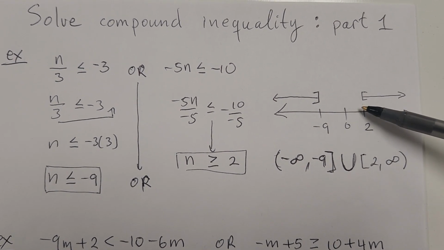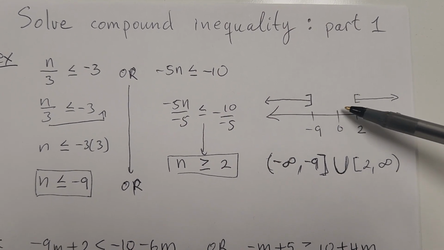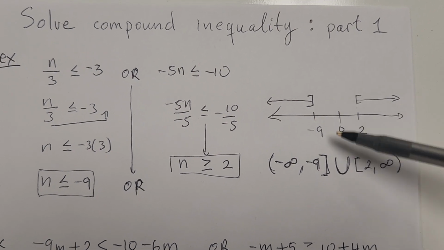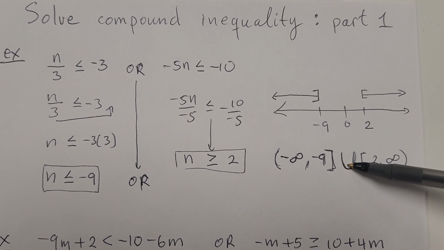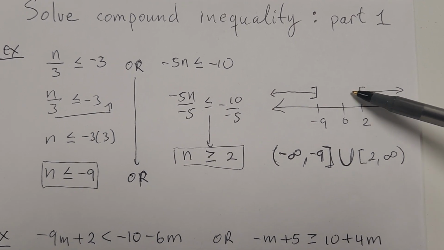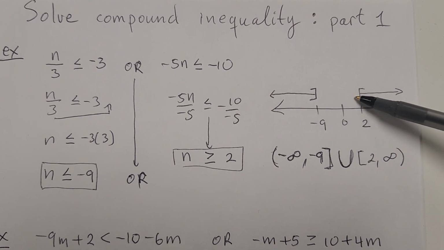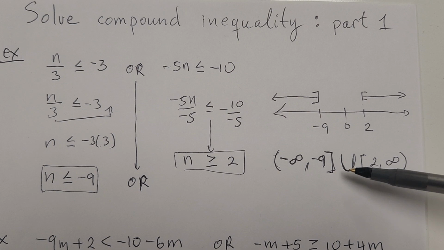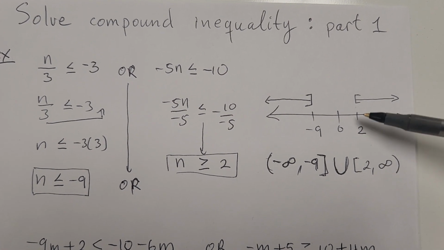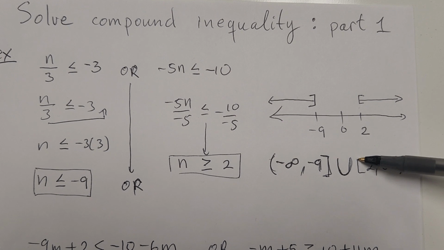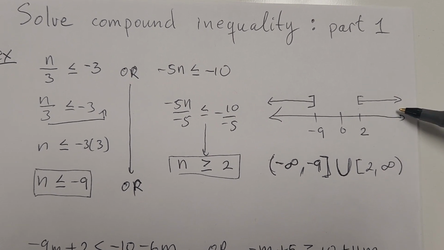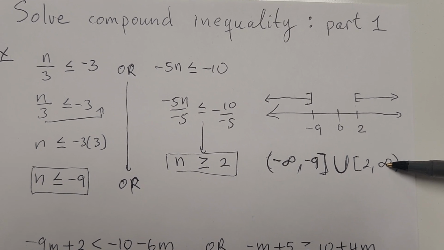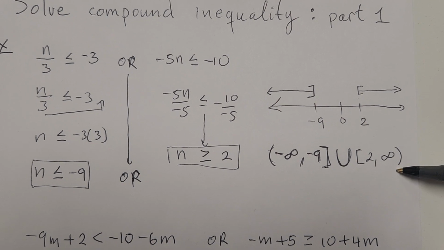However, from negative 9 to the number 2, there is nothing here, so this is my gap, and in math we use the uppercase letter U to represent this gap right here. One more time, this gap is represented by the uppercase letter U. After that, I see a 2 with a bracket, so 2 bracket, comma, and continue to the right-hand side, and I have an arrow here, so the arrow is infinity, and infinity is always with parentheses.